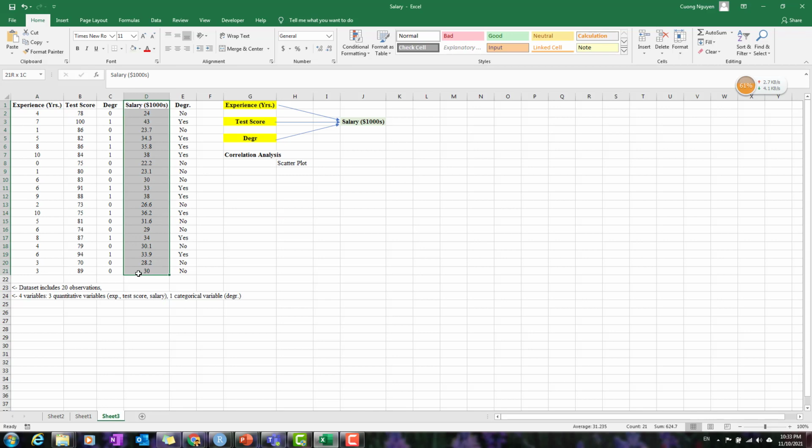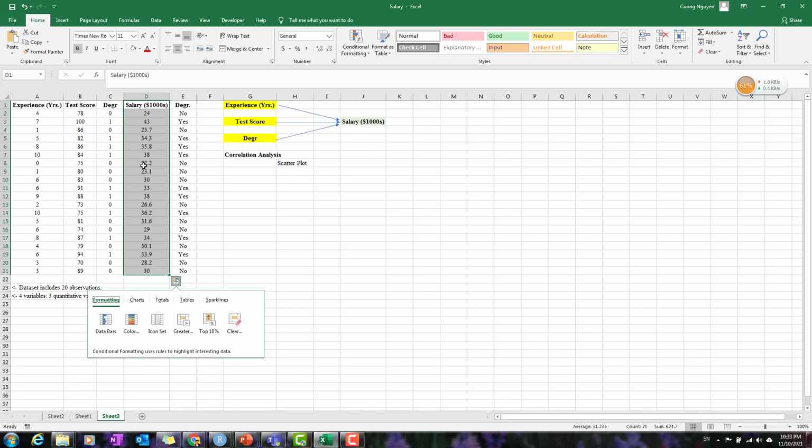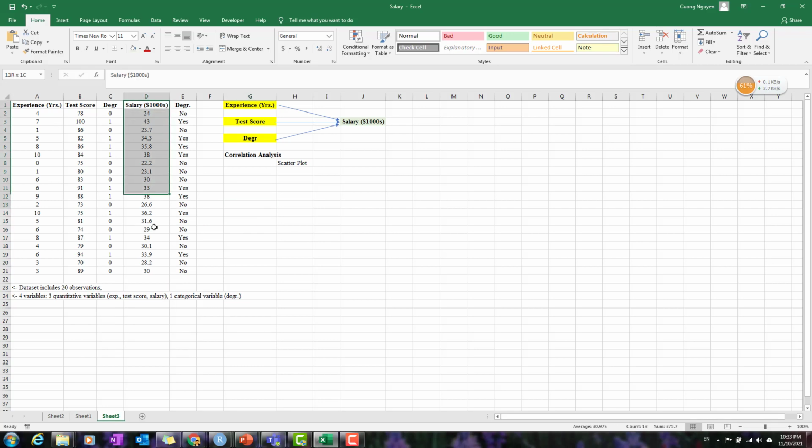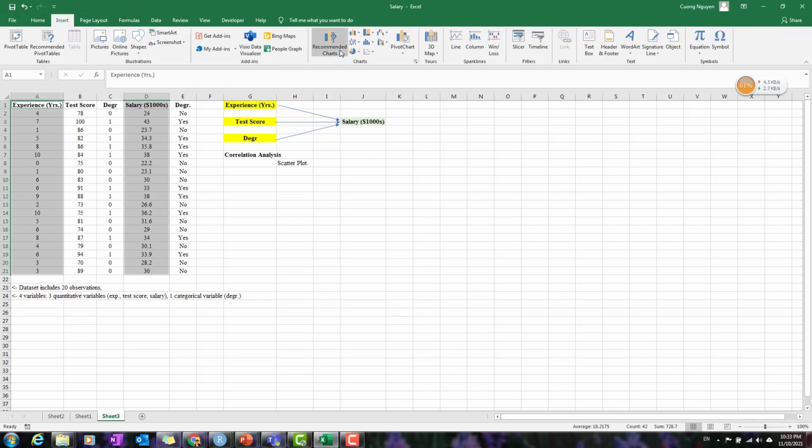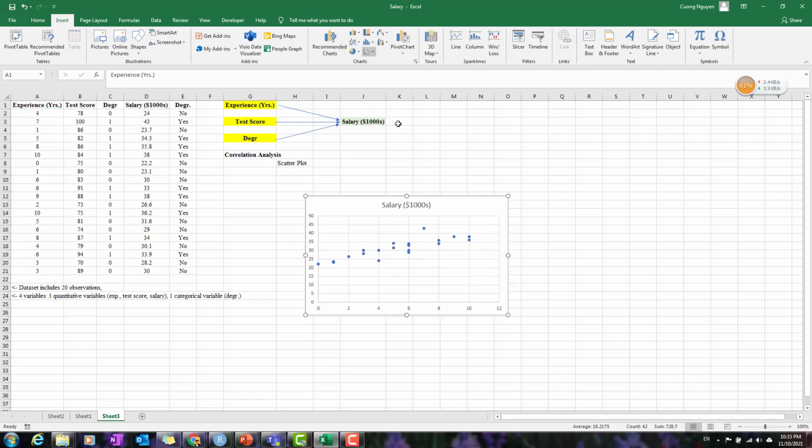So first I select the salaries. Second, I select with the control function. Remember that I hold the control key, and then I select another one. So now I have selected two columns at the same time. I go into Insert, and I go into Scatter.